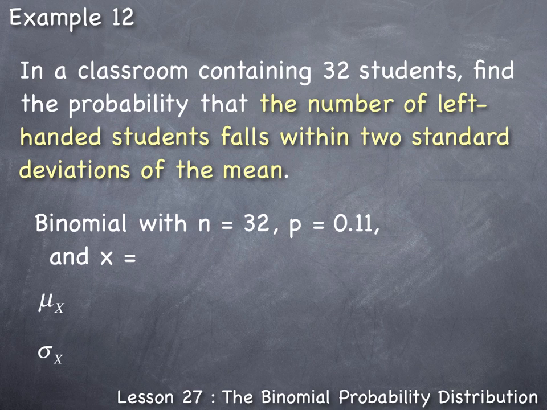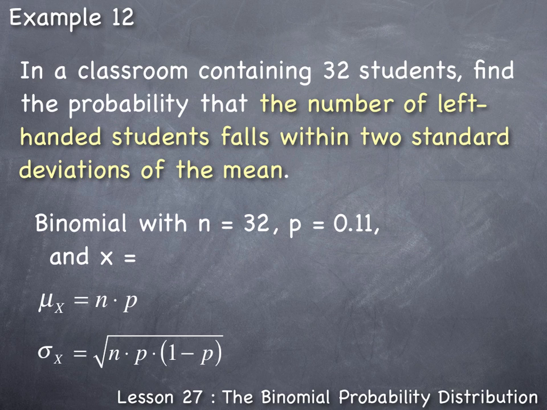And since we have a binomial probability, we could use the binomial formulas for the mean and standard deviation. Mu of x, the mean for a binomial, is found by taking n times p. And the standard deviation for a binomial is found by taking the square root of the quantity n times p times 1 minus p.